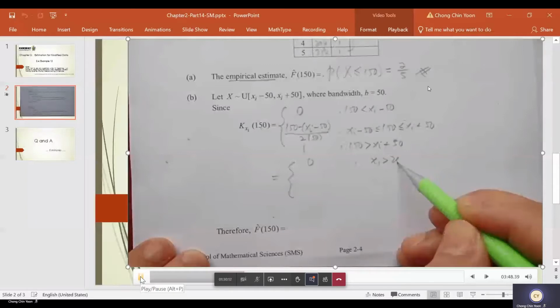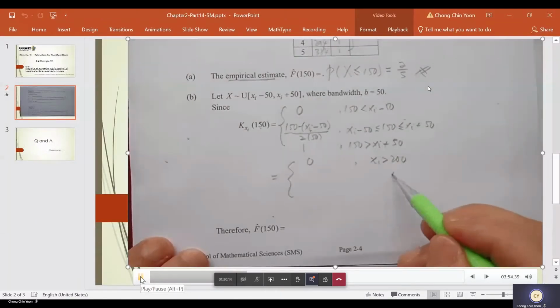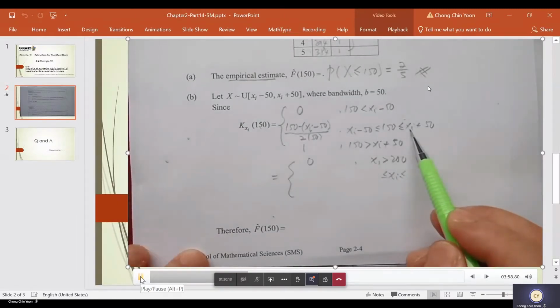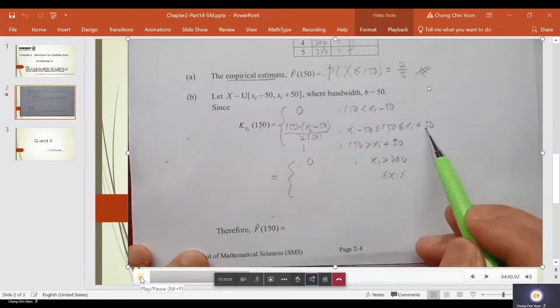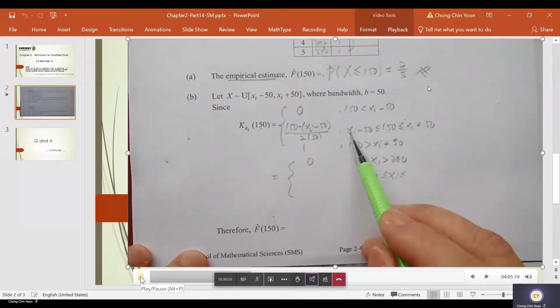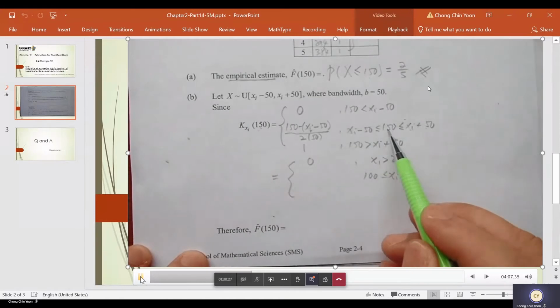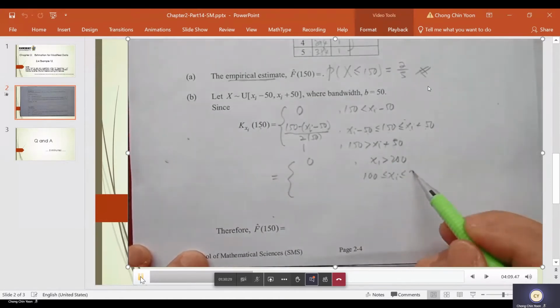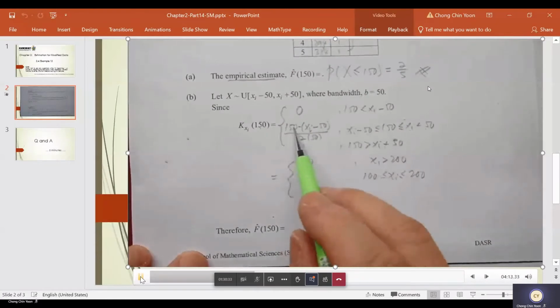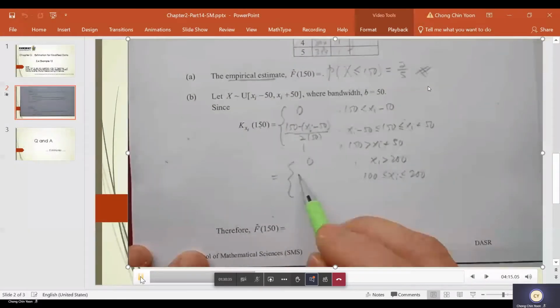And for the second interval here, xi is greater than 150 minus 50, that is 100, and xi is always less than or equal to 150 plus 50, that is 200. So the value here is 200 minus xi divided by 100.